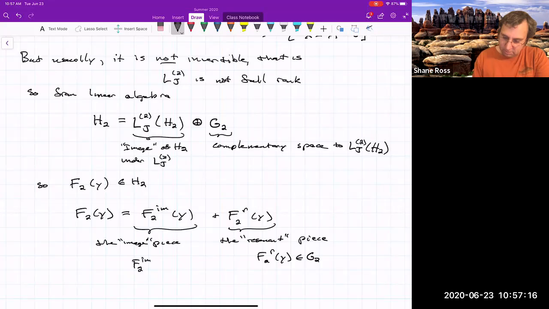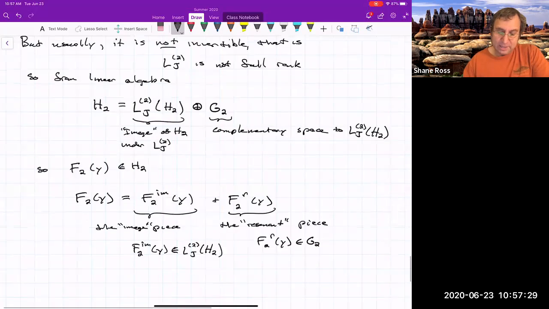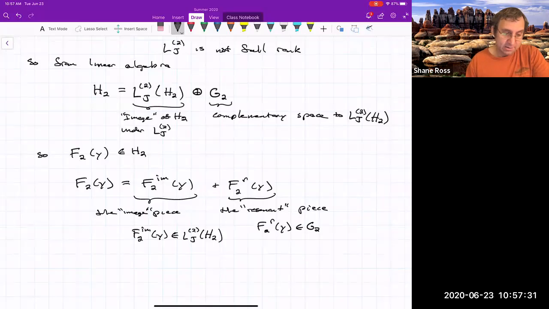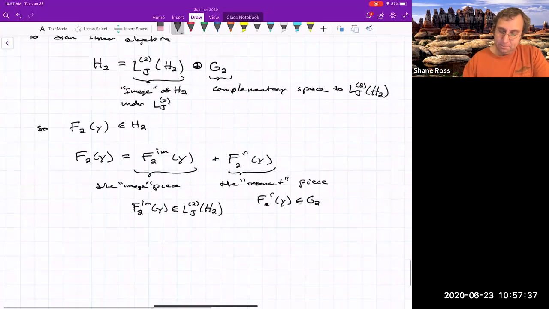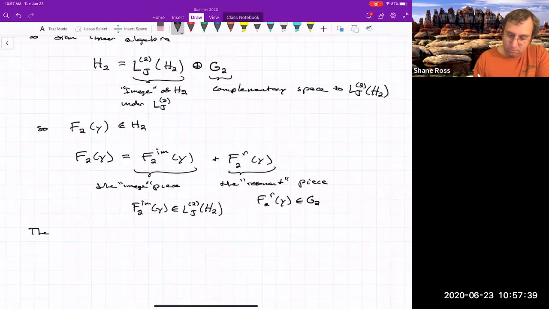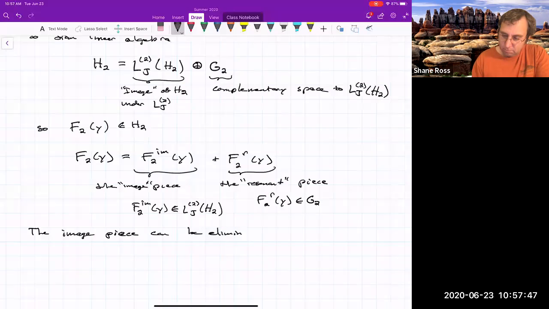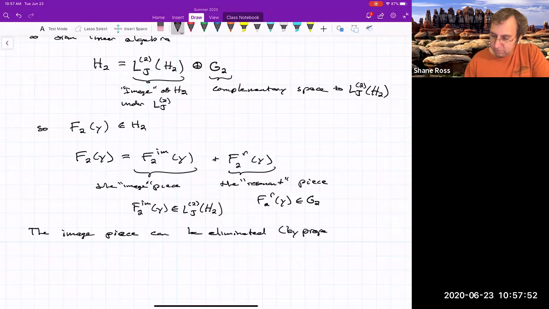F₂ image is the part that's in the image of this linear map. So the image piece can be eliminated, but not the resonant piece. And what do I mean by eliminated?